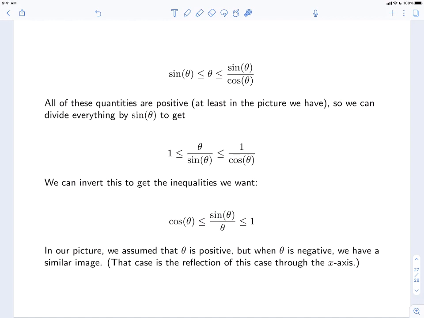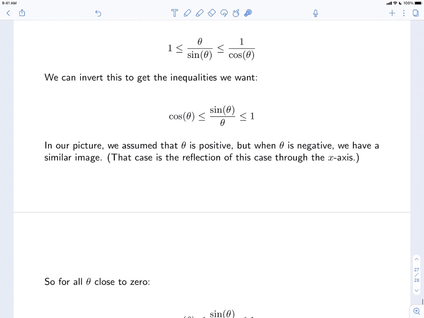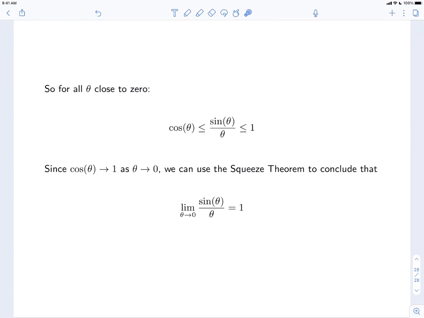In our picture, we assumed that theta was positive, but when theta is negative, you have a reflection of that image, so you end up with the same inequality. So for all theta close to 0, cosine of theta is less than or equal to sine of theta over theta, which is less than or equal to 1.